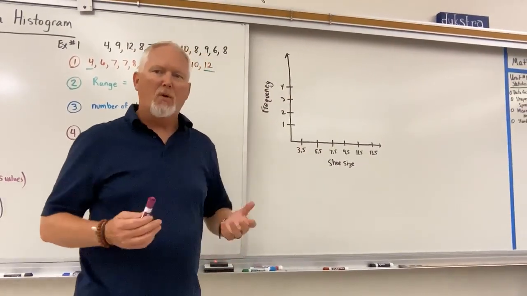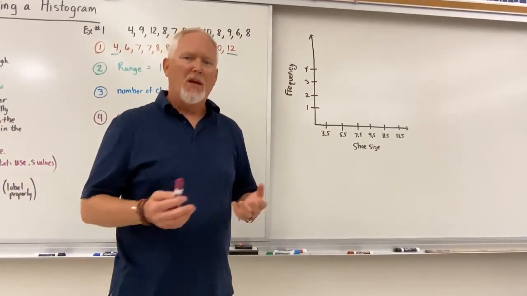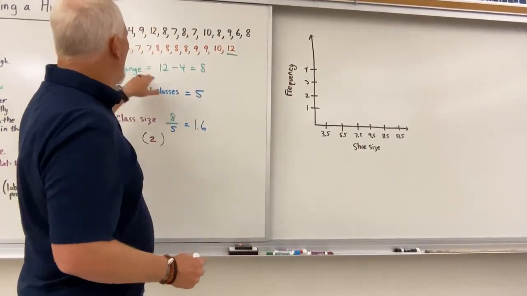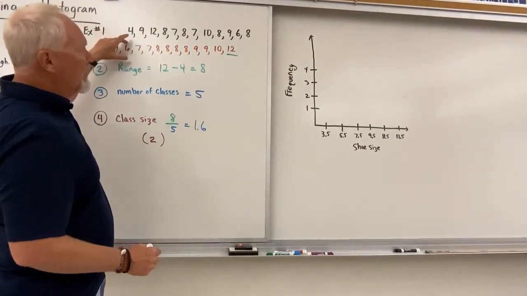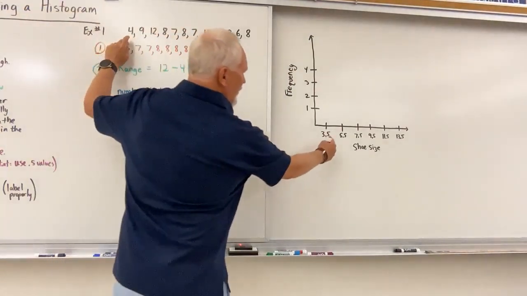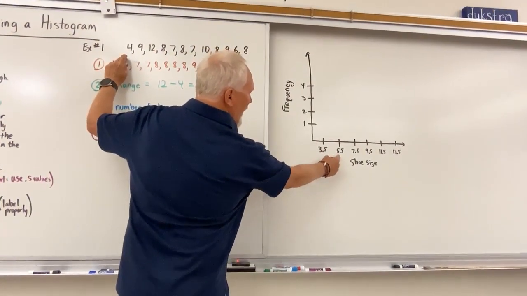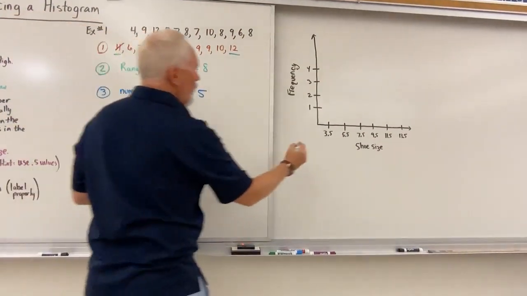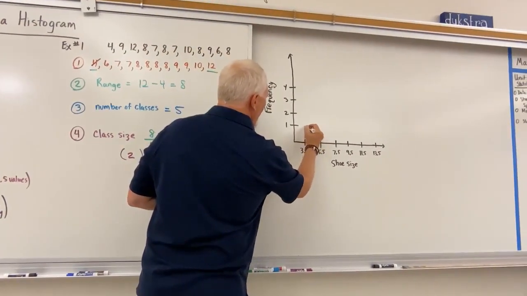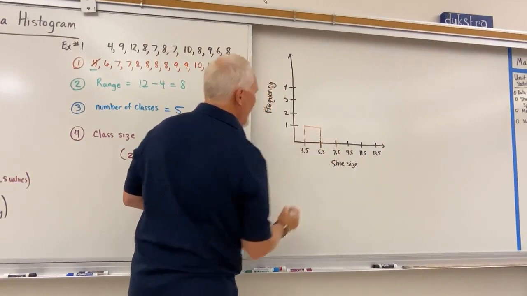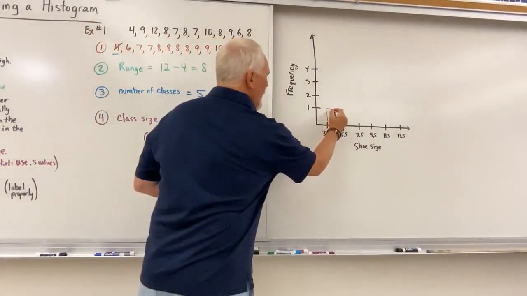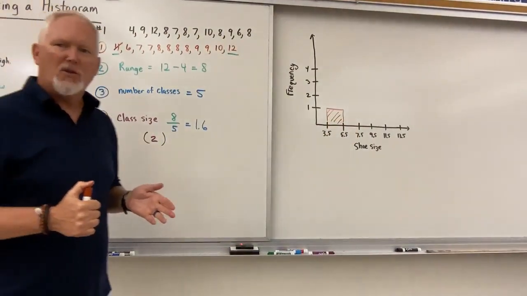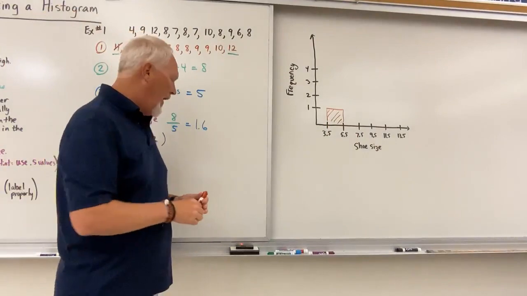All right, so now I'm going to go back to my data set and fill in this information. I've got 4 and 6. Well, the only thing that fits between 3.5 and 5.5 is the 4. So I'm going to put that 4 in here, and I'll make this so I know that I've got one set of information between 3.5 and 5.5.